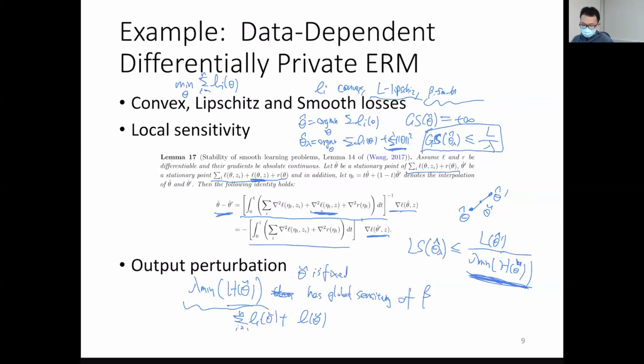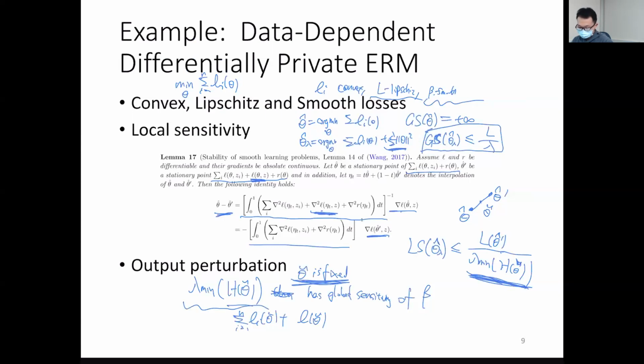In terms of how we can get this information out while not having access to theta tilde, because theta tilde obviously depends on the data, that's somewhat more technical.